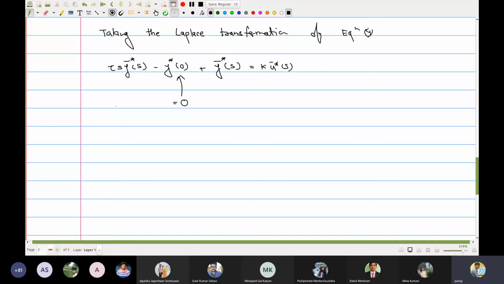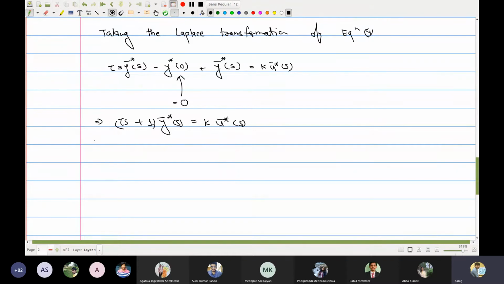Obviously, the system does not deviate from steady state at time t equal to 0 when you introduce the disturbance. So this simply becomes 0, which means I can write this as tau s plus 1 times y asterisk(s) equals K u(s).